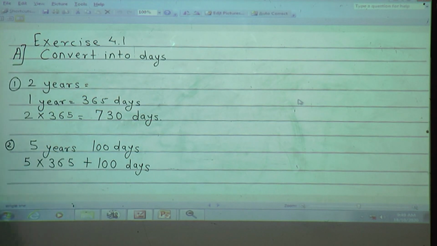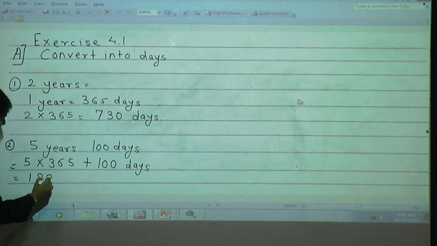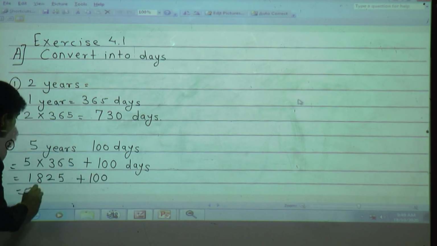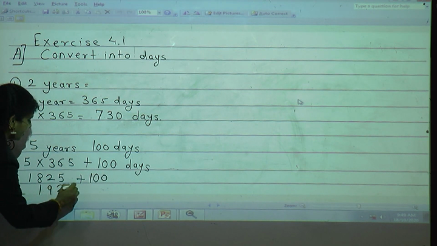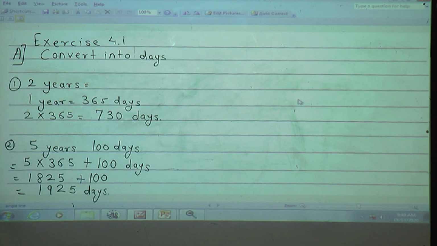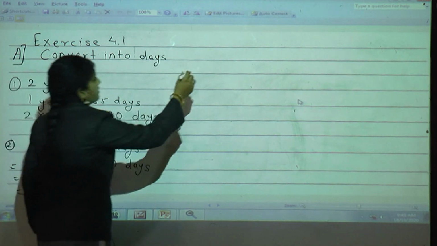Okay, so do multiplication students. Yes, 365 multiplied by 5, you will get 1825 days plus this 100. So your answer will be 1925 days.